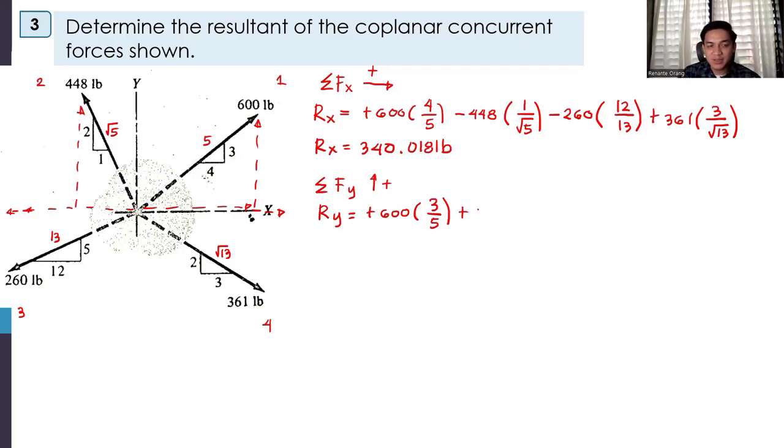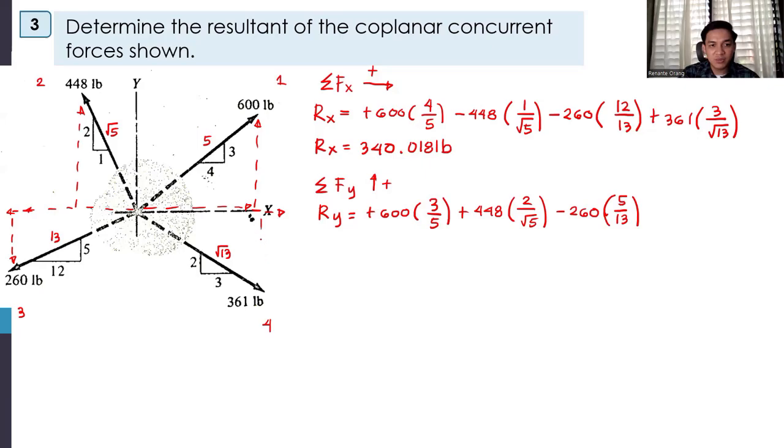So we have positive 448. And then the upward side of the triangle is 2 divided by square root of 5. Proceed to this one, it is going downward, so that is negative 260 multiplied by our vertical side, which is 5 divided by 13, which is our hypotenuse.